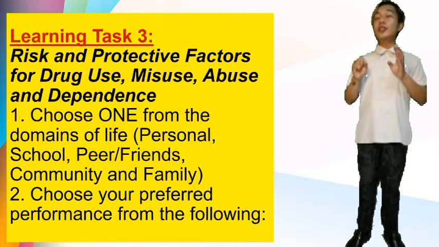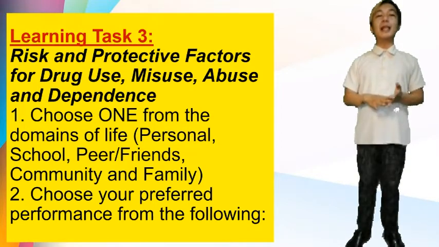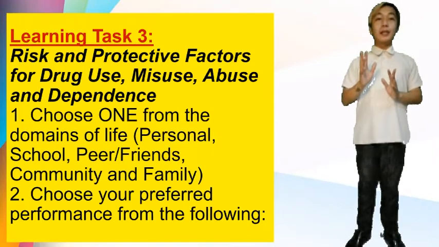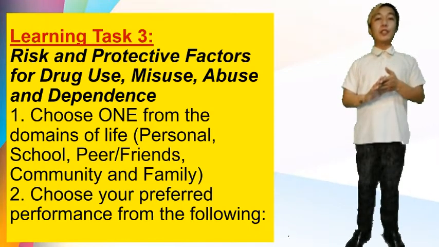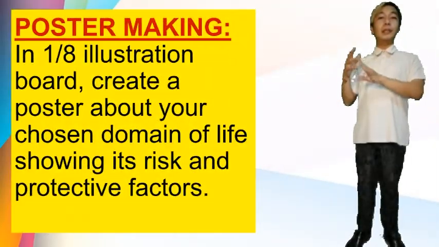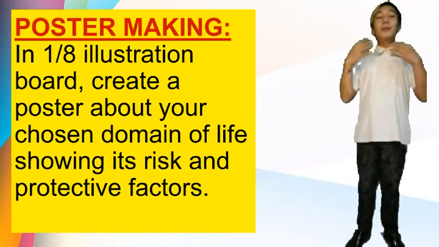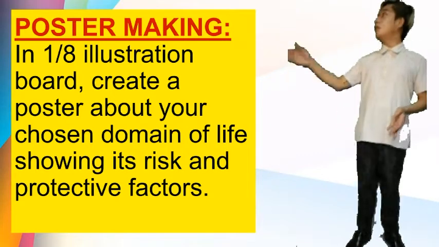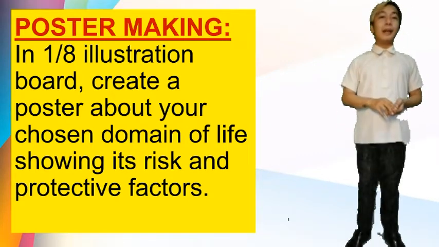And then you're going to choose your preferred performance from the following. For example, you choose friends. So you're going to create your activity out of the domain of life, which is friends. If you are artistically inclined, you can do poster making.